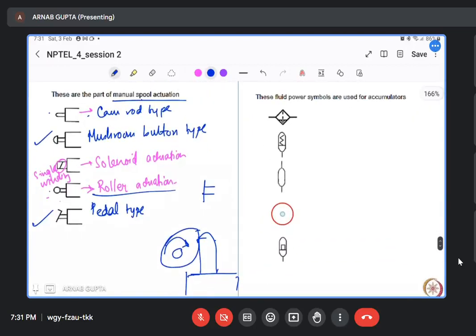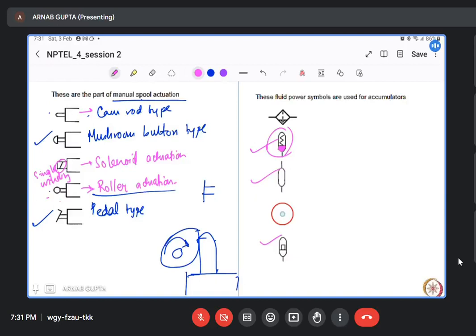Okay. So which of these fluid power symbols are used for accumulators? This is basically what an accumulator looks like. It accumulates, or accommodates, a particular volume of liquid. These are the three symbols which we show in case of an accumulator.